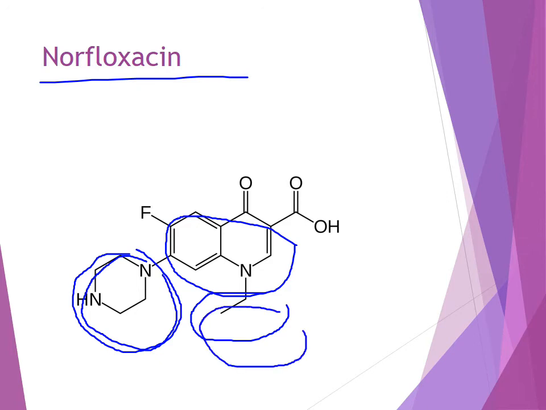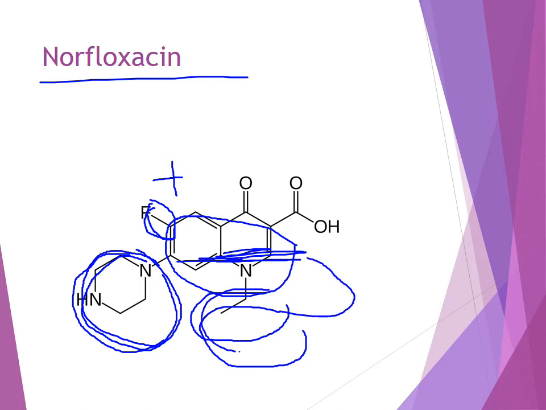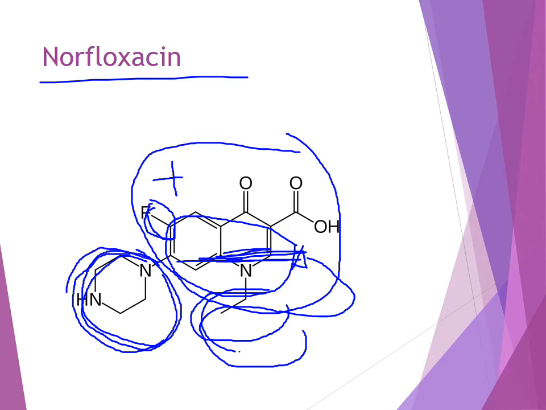The fluorine present in our quinolone group increases the potency of this drug against gram-positive agents. Itong piperazine group, anti-pseudomonal activity. And then, sa structure ng ating norfloxacin, meron nakakabit na ethyl group sa ating quinolone group. So, ito po ay for gram-positive. Ito po ay for anti-pseudomonal activity.